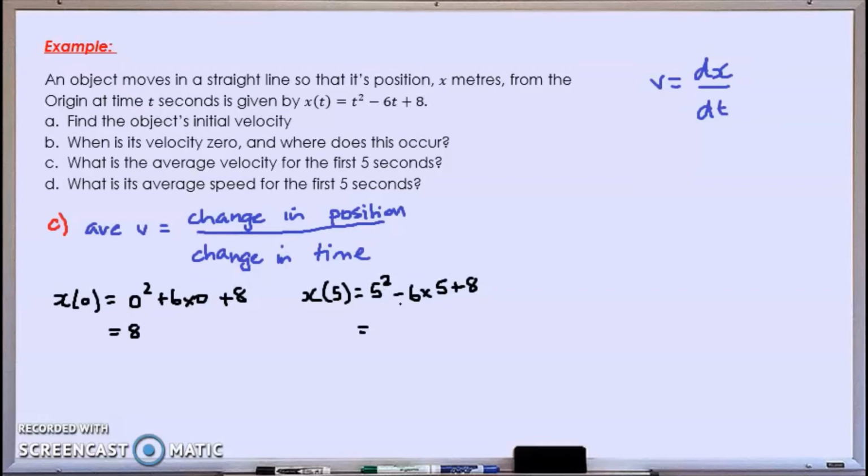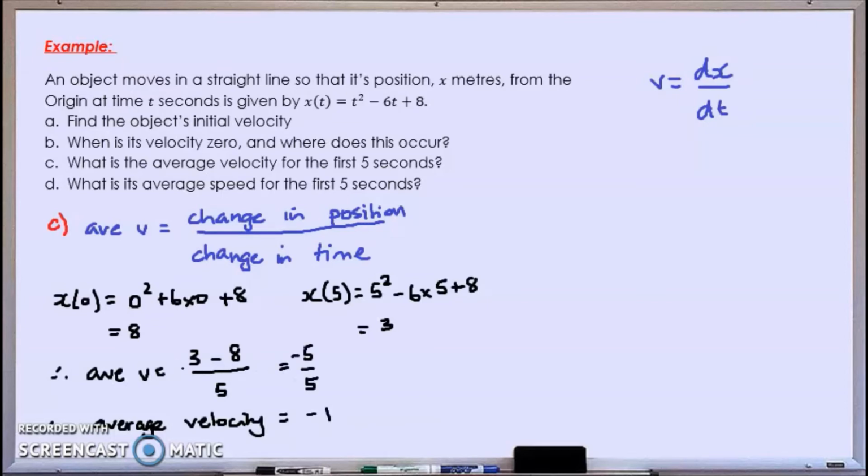And that is 25 minus 30 plus 8, which is positive 3. So therefore, the average velocity, the change in position here is 3 minus 8. And the change in time is 5 seconds. Therefore, the average velocity is negative 1, because this is negative 5 over 5.